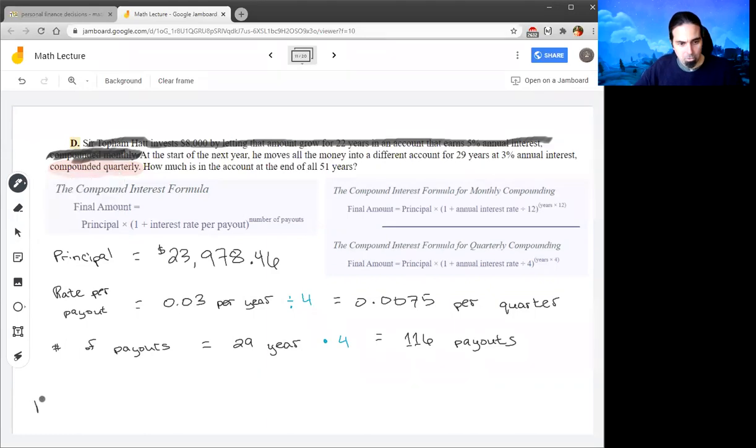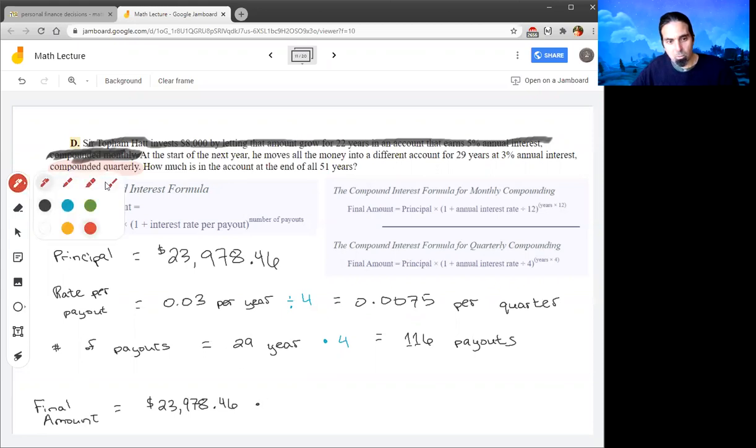So his final amount is the principal multiplied by, we're going to take that 1 and just stick it in front, and our exponent is 116.